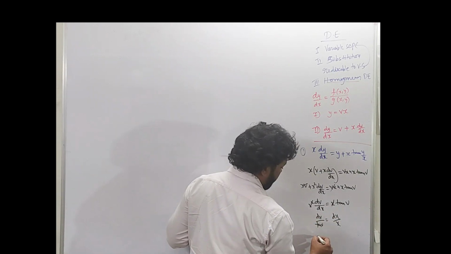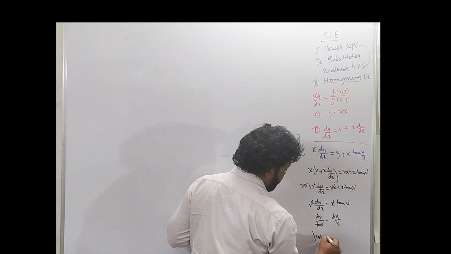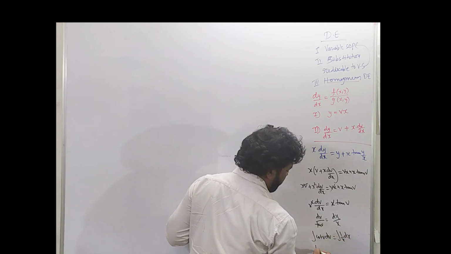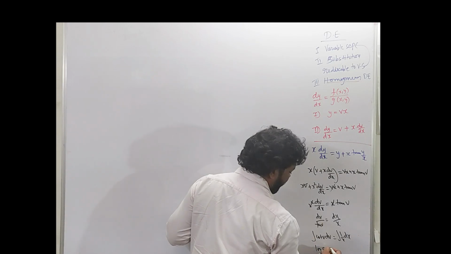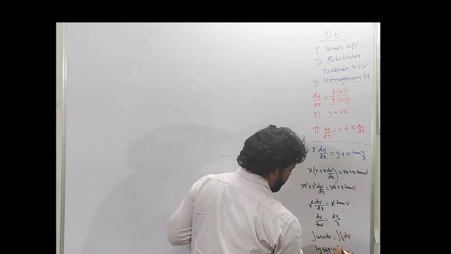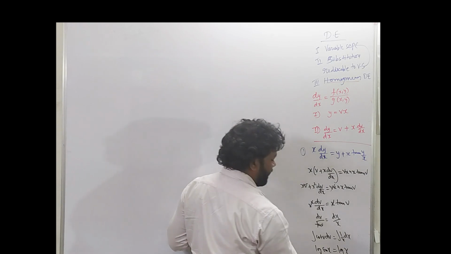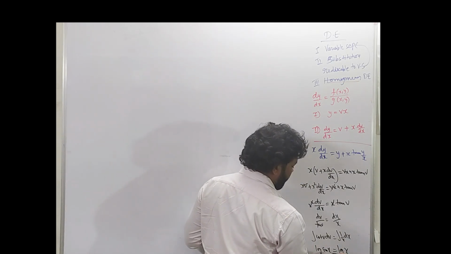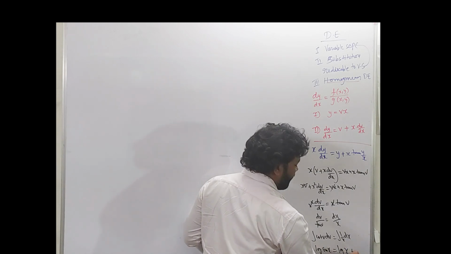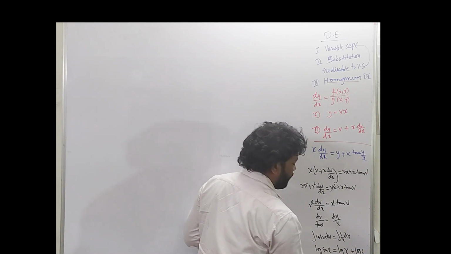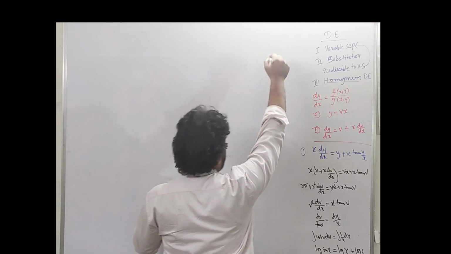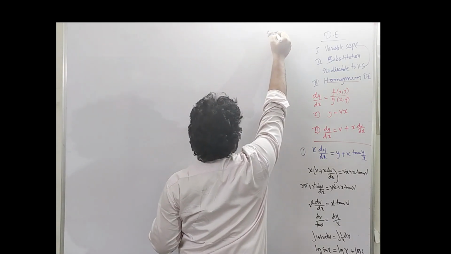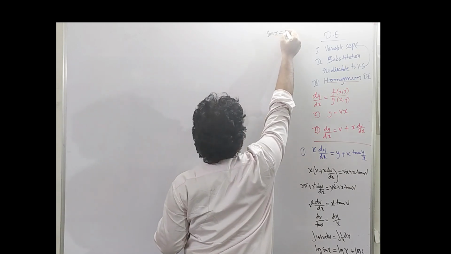This is nothing but cot v dv, integrating on both the sides. So integration of cot v is log of sin v, and 1 upon x is log of x. Actually it's ln, it's okay if we write it as log. So log sin v equals log x, and the constant also, let's say if we put it in the logarithmic format, then the log gets removed from both sides and we get sin v equals xc.